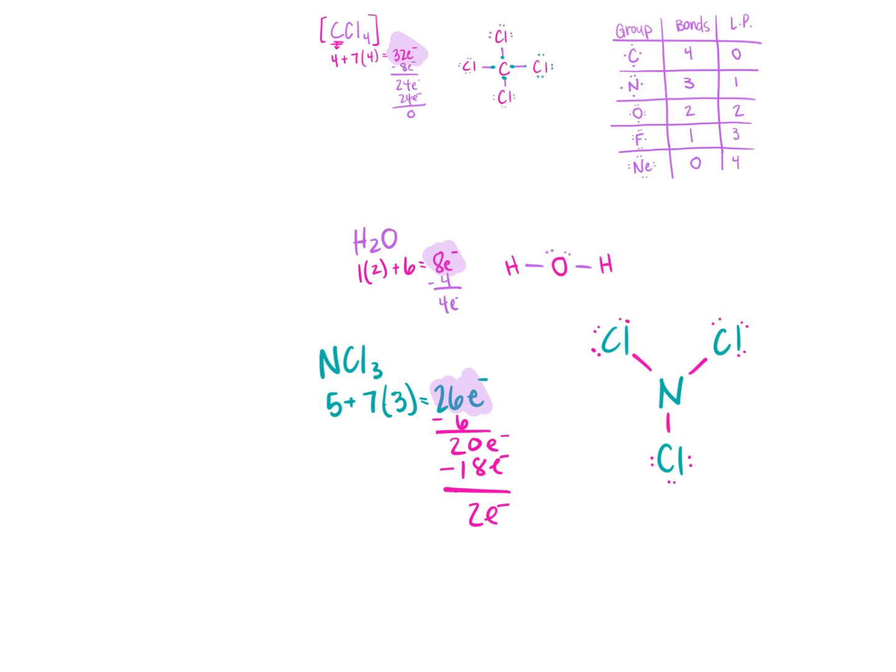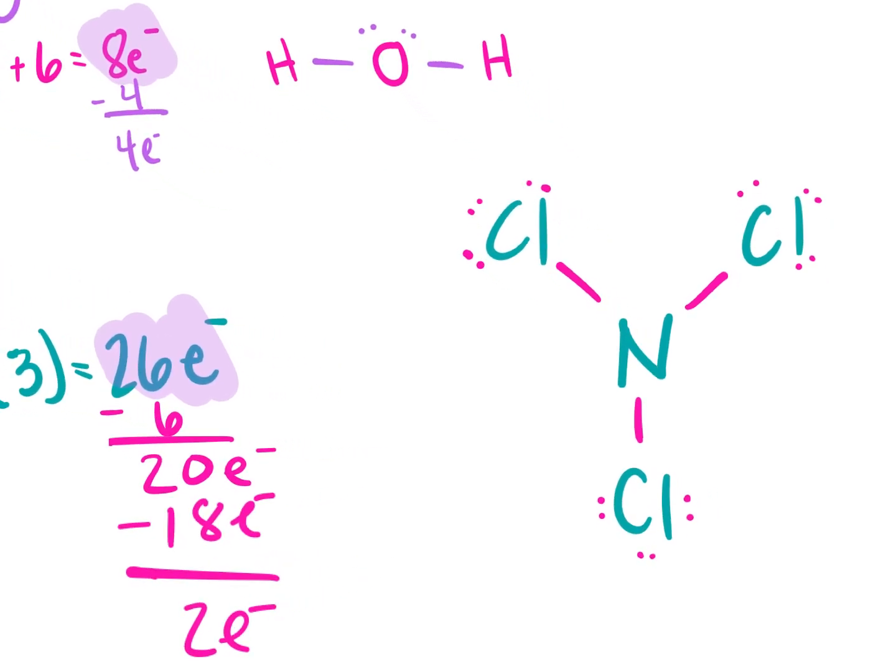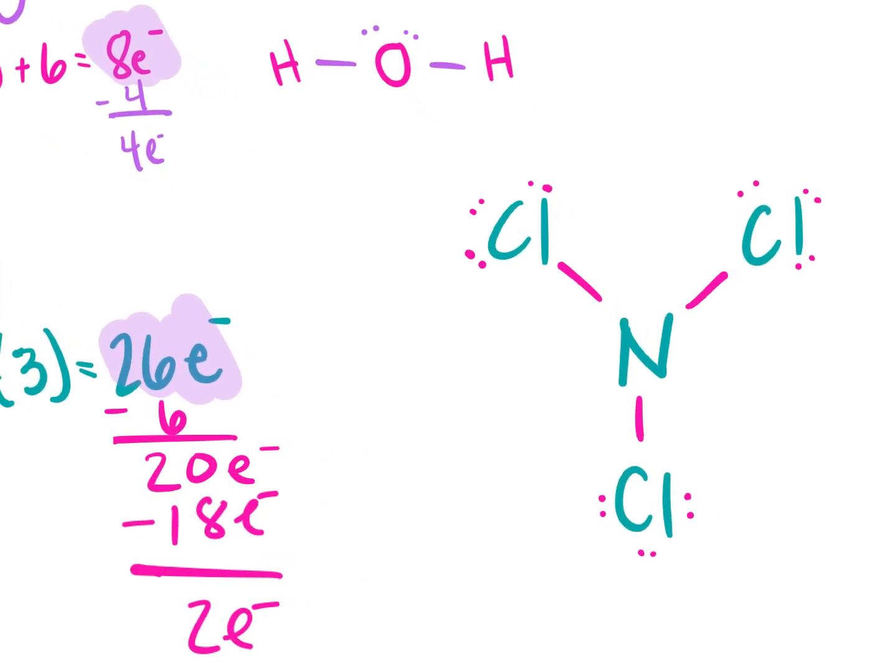Do we see a spot for those to go? Where at? On nitrogen. And we maybe talked about this a little bit last time, but where we put the lone pair is not super important right yet, but it just needs to go in a gap. So it can either go here or it can go here or it can go here.